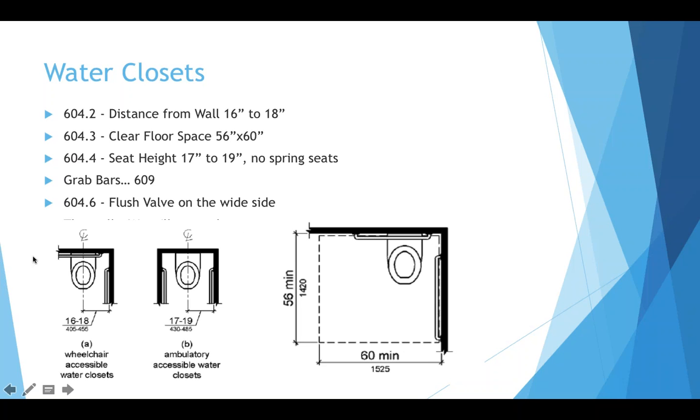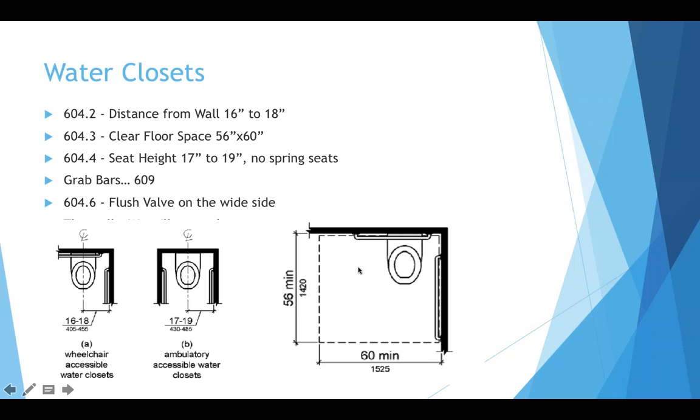You'll see this illustration in all of them out of the ADA. They show the grab bars, but grab bars are under 609, and we're going to talk about that coming up next. But here's another one that gets missed a lot, the flush valve. The flush valve always needs to be on the wide side of the stall.